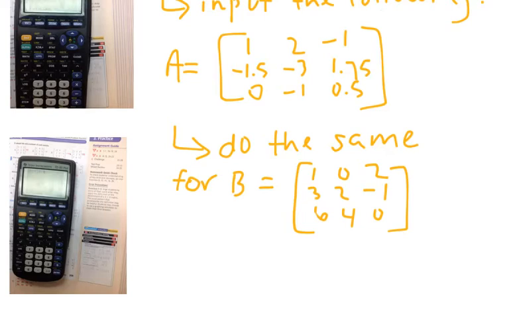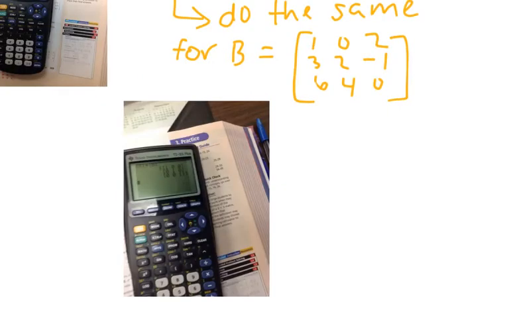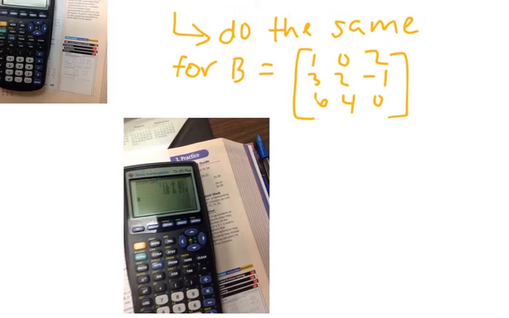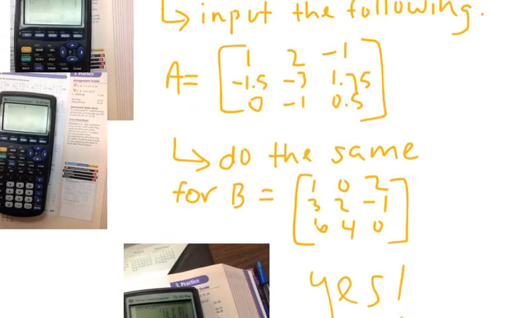So you have A times B. And then for your last step, just hit enter again. You should get your identity matrix where your 1s line up and you have 0s for everything else. So yes, in fact, these two matrices are multiplicative inverses of each other.